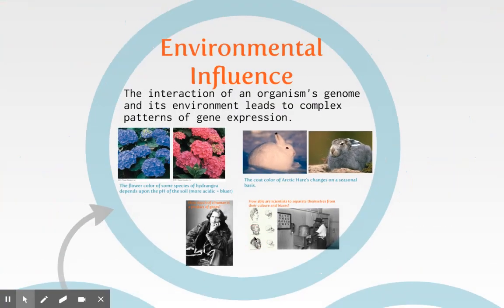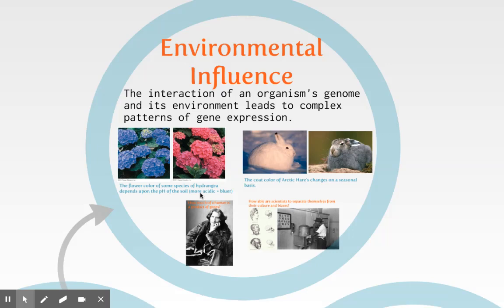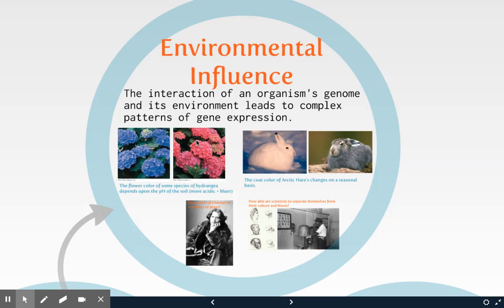So we've talked about if you are homozygous dominant, homozygous recessive, heterozygous, this is what you will look like. There are actually other factors that can control your phenotype and your gene expression. If you've ever seen the flower hydrangeas, mostly they occur in this purple color, but if you change the pH of their soil, so if you make it more acidic or more basic, you can actually alter the color of your hydrangeas.